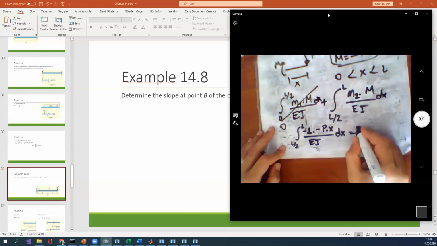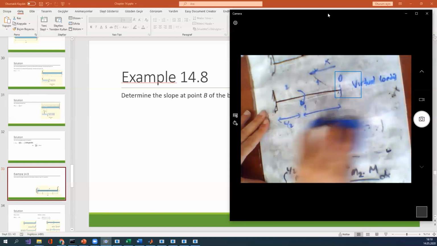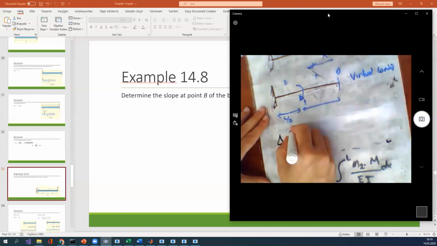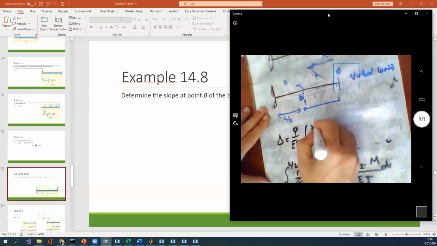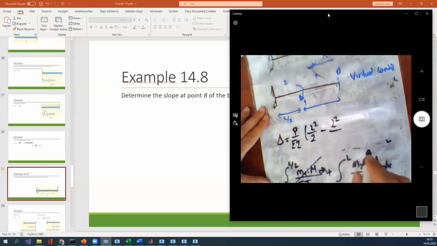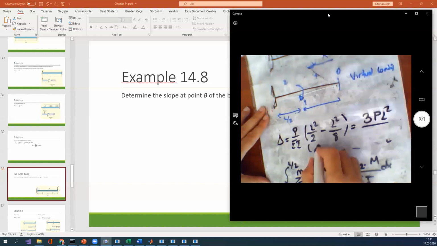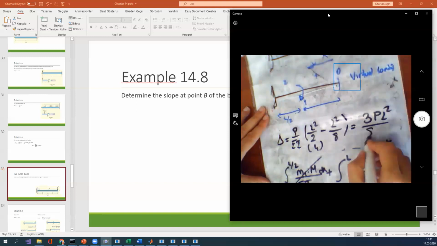Therefore, P divided by EI times the integration of x squared over 2 from L over 2 to L. By applying this formulation, we obtain, I want to delete this part, okay, delta is equal to P over EI, if you put L squared over 2 minus L squared over 8, and after that we find 3PL squared over 8EI.